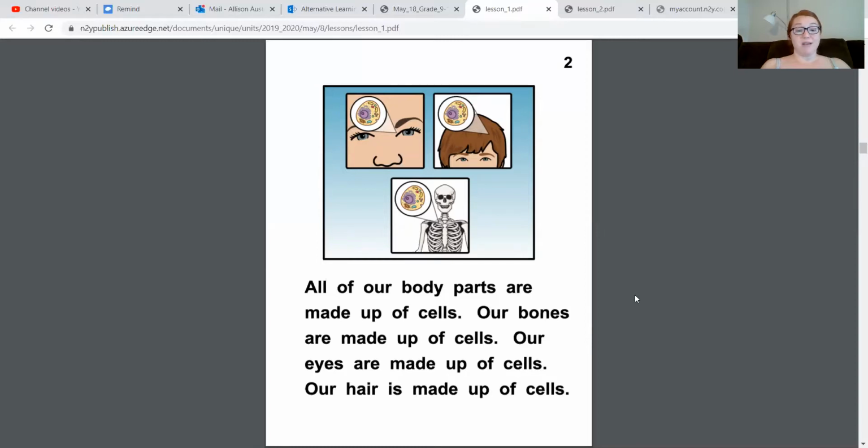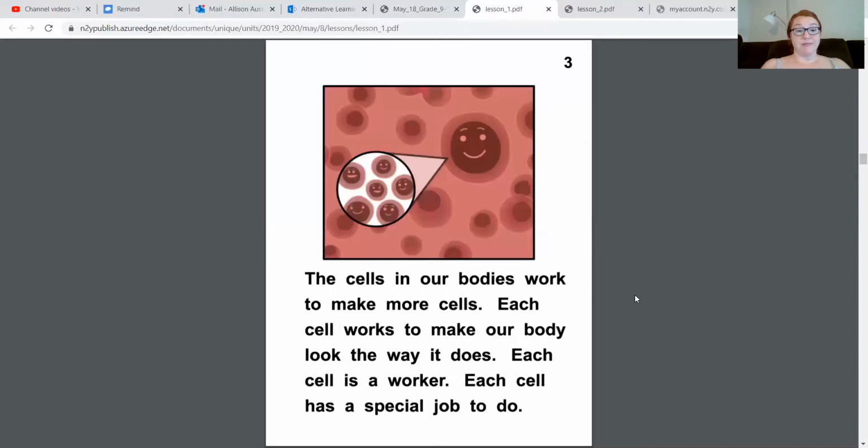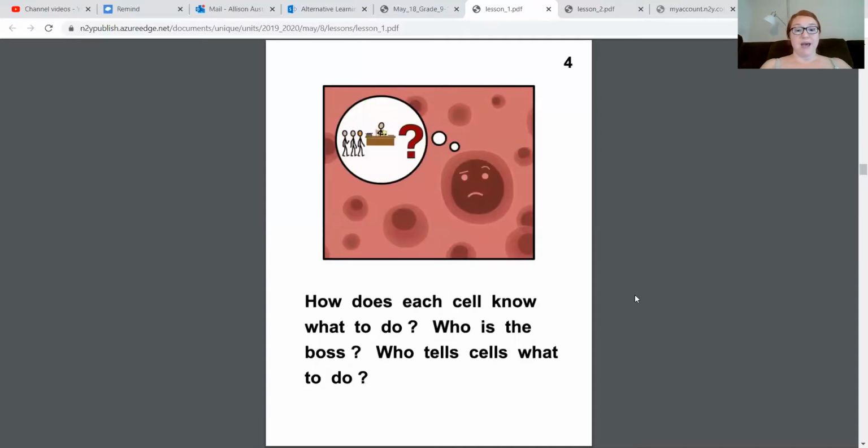Our hair is made up of cells. Our cells in our bodies work to make more cells. Each cell works to make our body look the way it does. Each cell is a worker. Each cell has a special job to do. How does each cell know what to do? Who is the boss? Who tells the cells what to do?